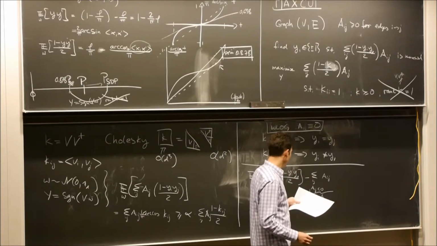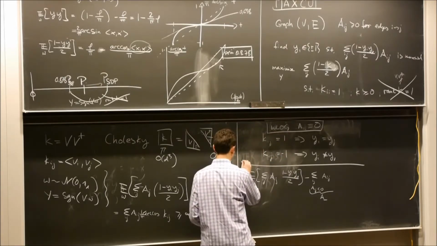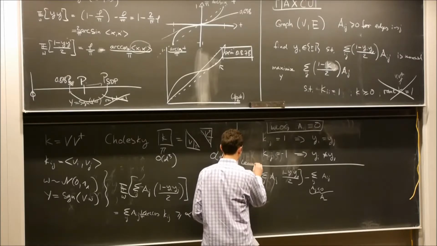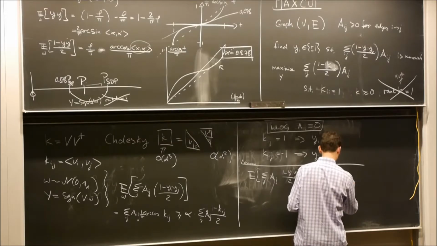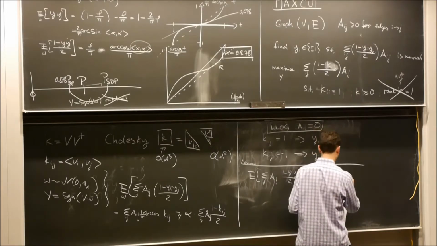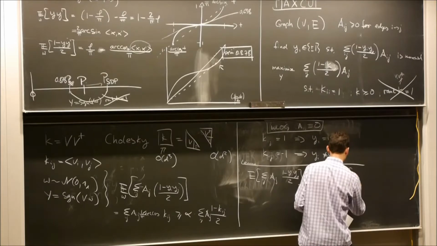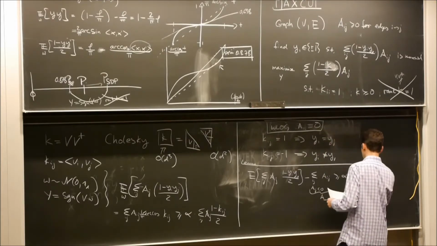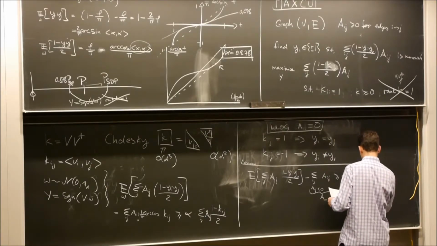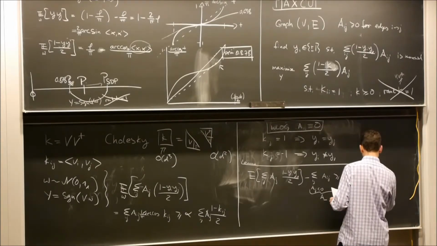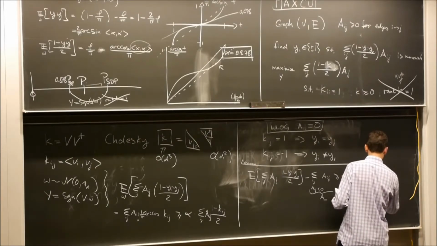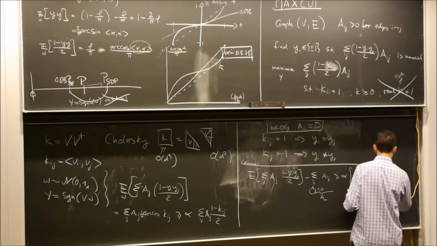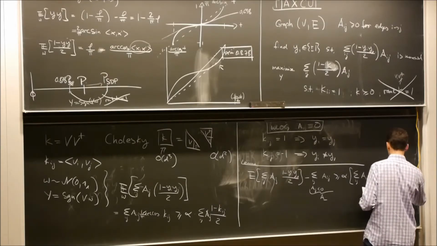And what I want to show, it's a lemma, is that this is greater or equal than alpha times the same inequality again, the sum over ij of aij times (1 minus kij) over 2, minus a minus.